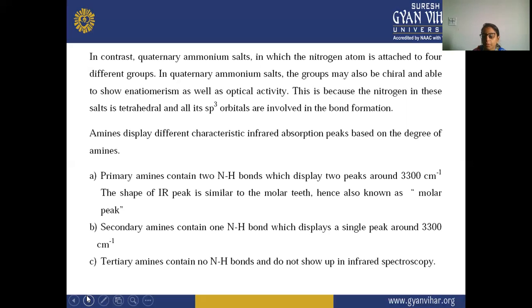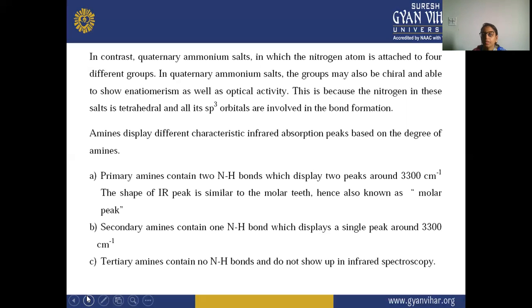This primary amine contains two nitrogen-hydrogen bonds, because only one hydrogen has been replaced by an alkyl group. That is why it shows two N-H peaks around 3300 centimeter inverse, and the shape of the peak is like a molar peak.